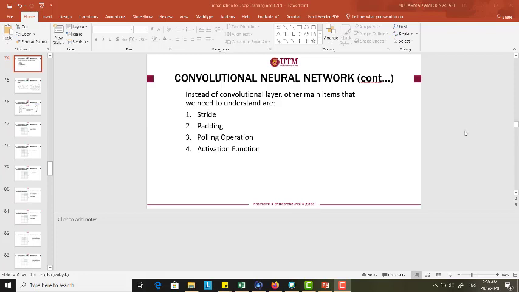Okay, we just finished discussing the convolutional layers. Like I said during the previous lecture, the convolutional layer does not involve only the convolutional operation. It doesn't matter whether it is a two-dimensional, one-dimensional, or three-dimensional convolution operation, it also includes activation functions.